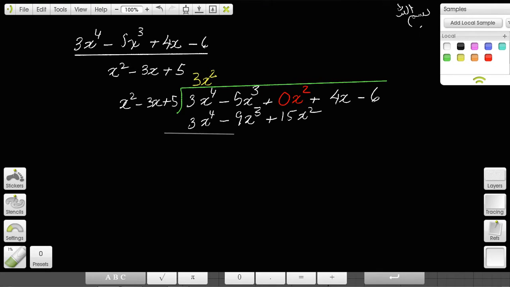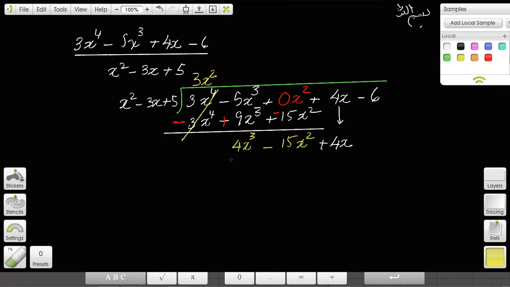Now remember, you're subtracting the whole thing, so you have to change the signs of all 3 of these. Then you subtract. That's gone, and this is going to be 4x cubed minus 15x squared. Now there are 2 terms here and there are 3 terms here, so bring this term down over here, plus 4x.